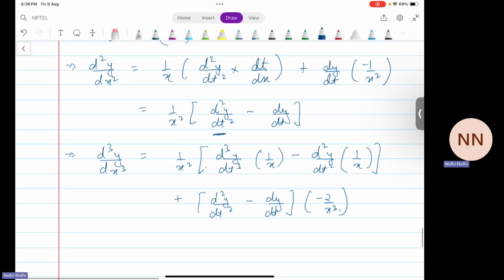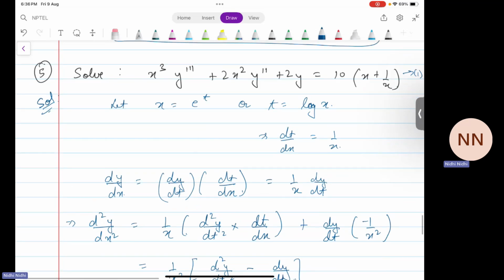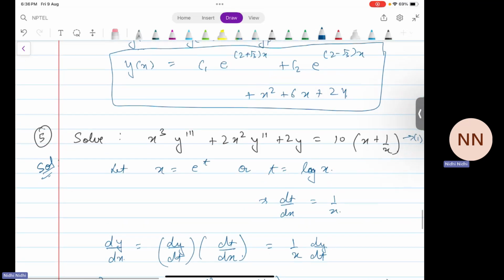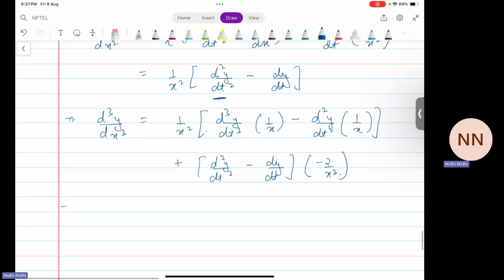So now we'll be substituting the value of d3y by dx cube, d2y by dx square, dy by dx and x in equation 1. So from there we'll get x cube times x cube y triple dash minus y double dash minus 2y double dash plus 2y dash.